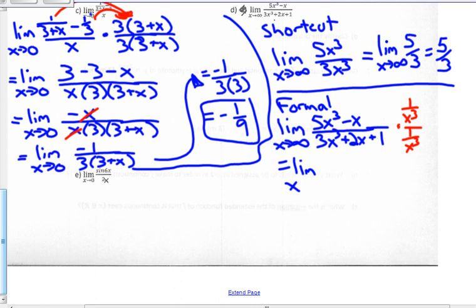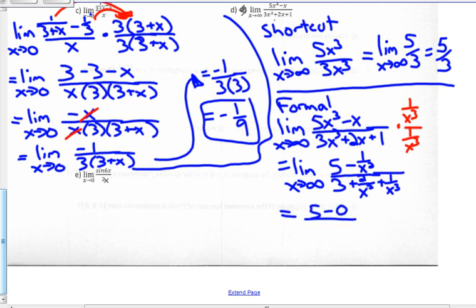Limit as x goes to infinity of 5 minus 1 over x squared over 3 plus 2 over x squared plus 1 over x cubed. As x goes to infinity, 1 over x squared is going to become 0. 5 will become 5. 3 will become 3. 2 over x squared goes to 0, plus 0. So that's going to give us 5/3. Either way is fine on this.